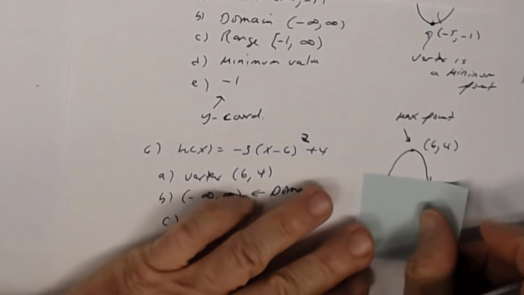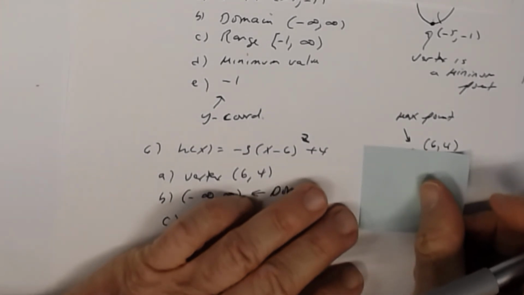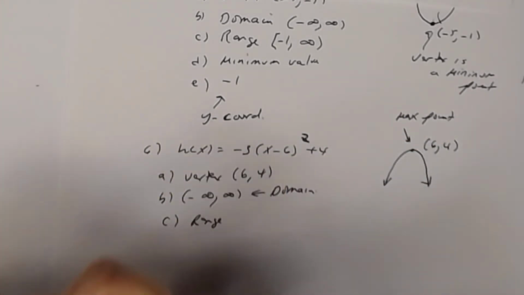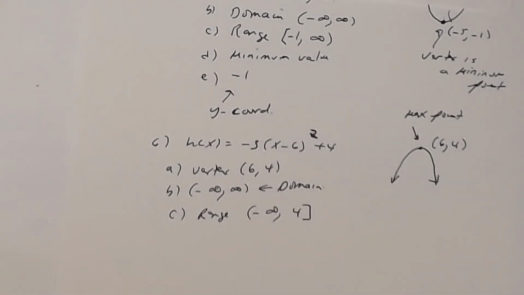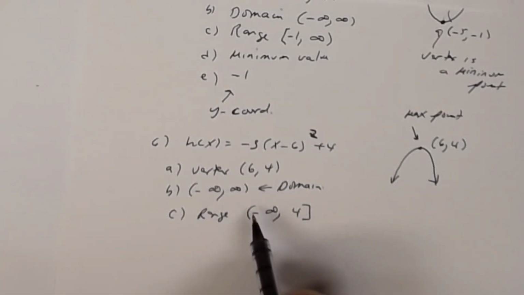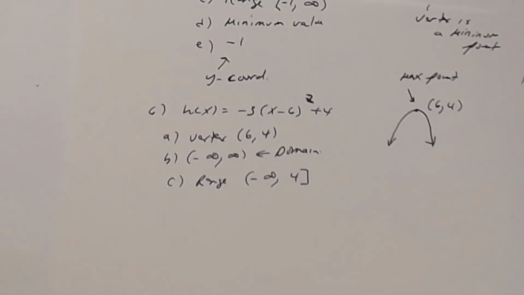So I'm going from negative infinity all the way to this maximum y value, and that maximum y value is 4. So you're going from negative infinity to 4 with a bracket. Remember, for domain and range, you have to think about, do I need brackets? Now, whenever you have infinity or negative infinity, you're always going to use parentheses with those.